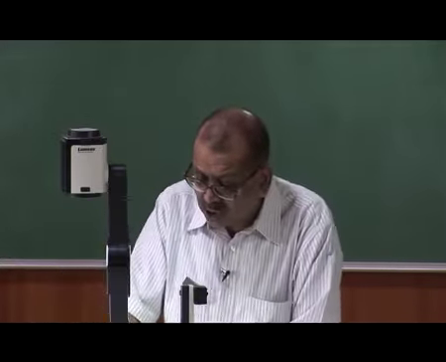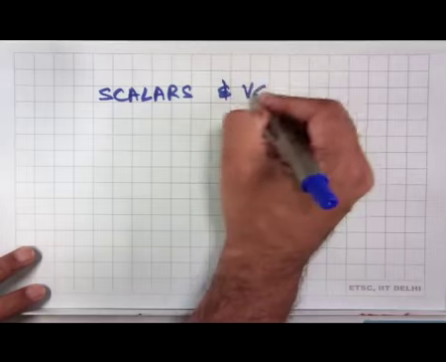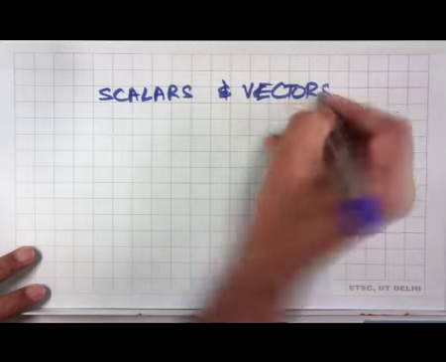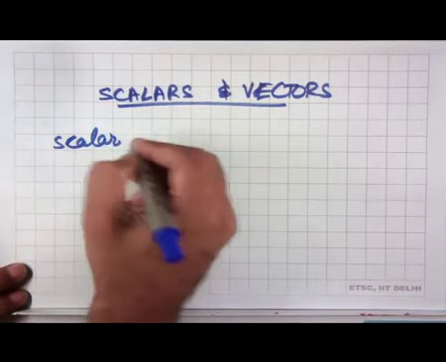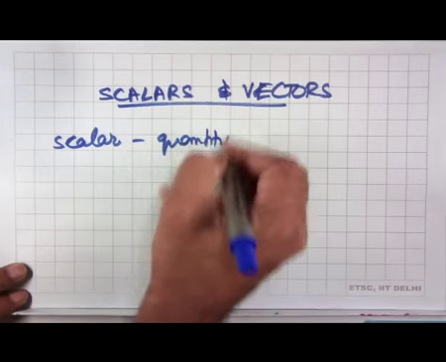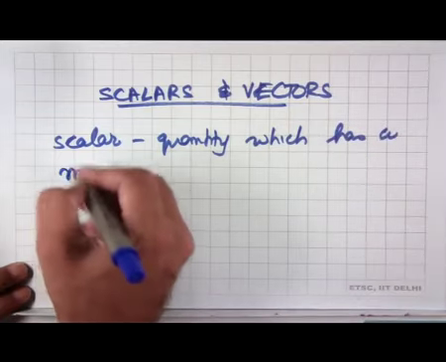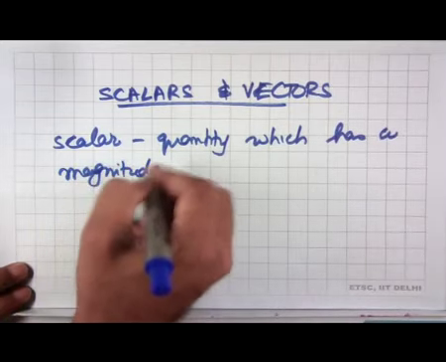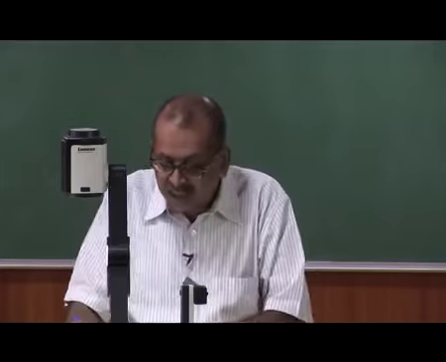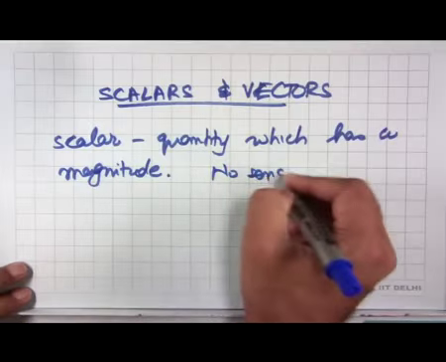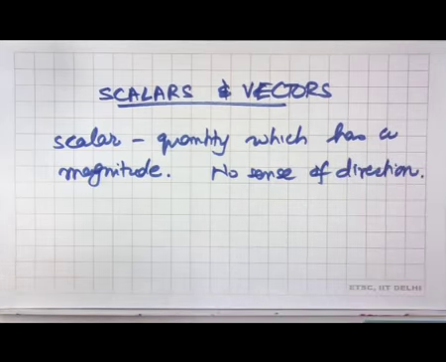So, we start the discussion of this unit with scalars and vectors. A scalar is a quantity which has a magnitude. So, how much of that quantity is there, that is what represents a scalar, and there is no sense of direction in a scalar.